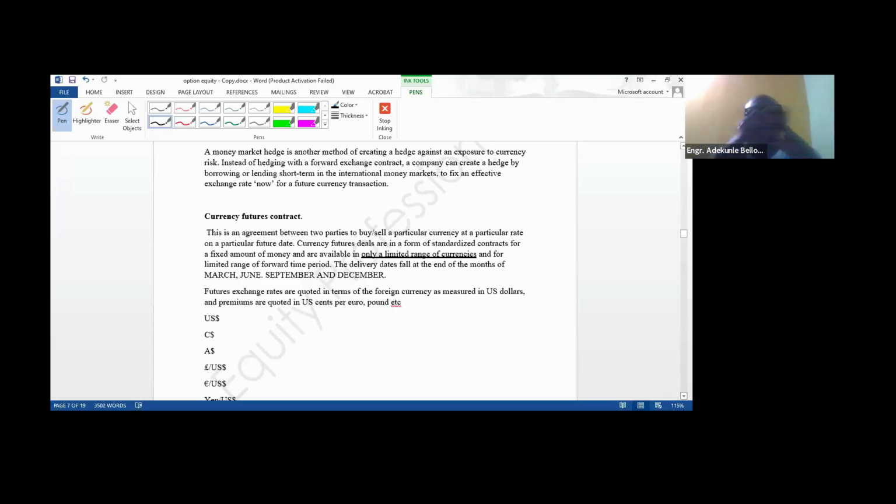These are the 7 currencies that can operate at currency futures markets. These are the currencies that are recognized in the currency futures markets.